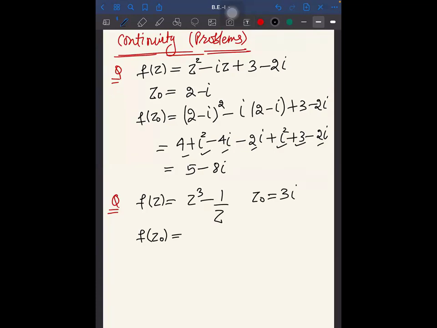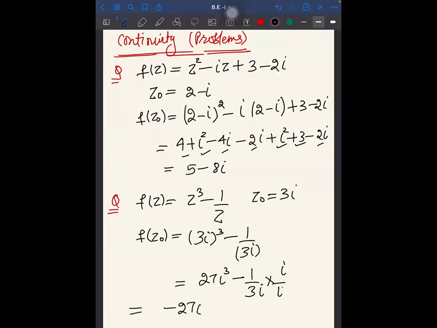So simply 3 iota whole cube upon 1 minus 3 iota, and that's 27 iota cube by 1 minus 3 iota. So minus 27 iota plus 1 by 3 iota. Is it okay? Yes, sir.